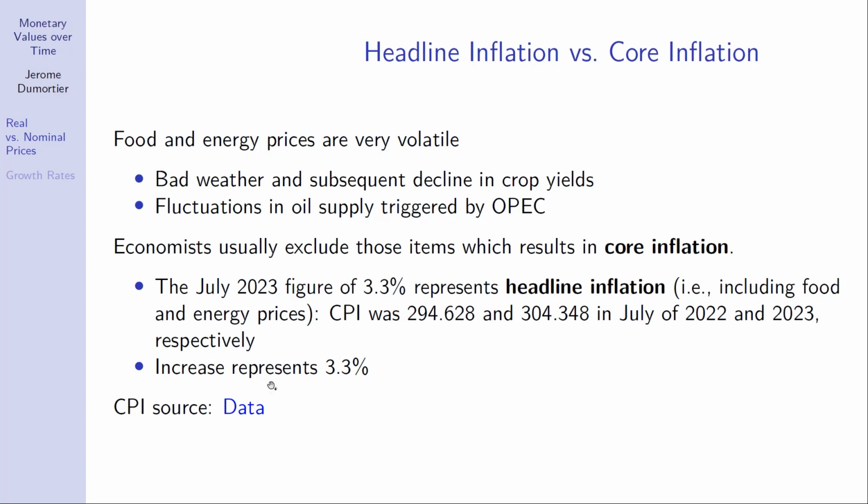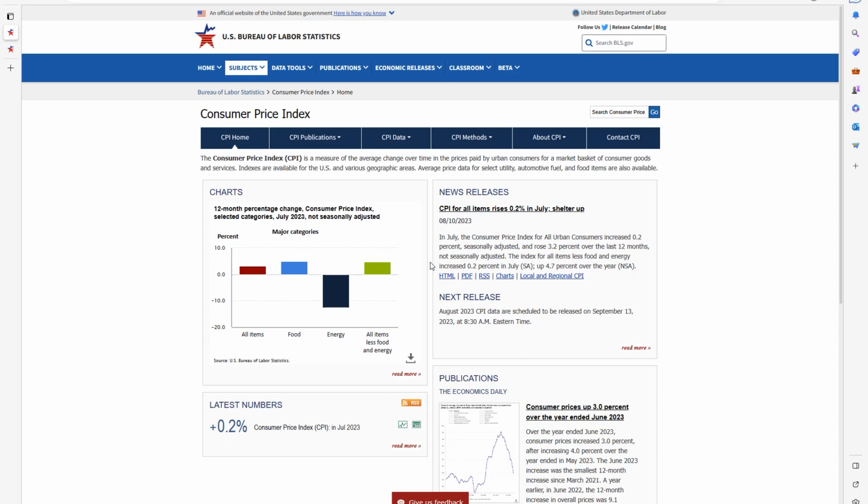Now the question is, where do you actually get the CPI data from? The agency that is calculating the CPI is the Bureau of Labor Statistics. When you go on their webpage of the Consumer Price Index, bls.gov/CPI/home, you are looking at the webpage of the Consumer Price Index.